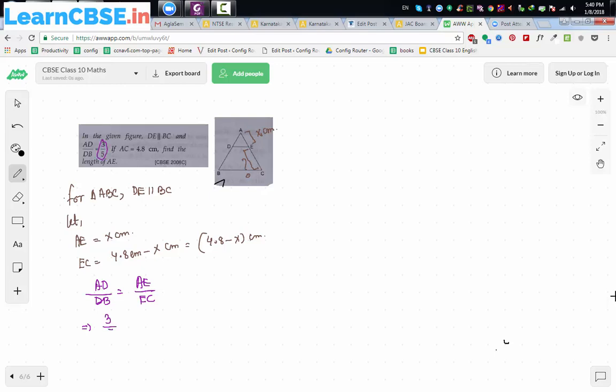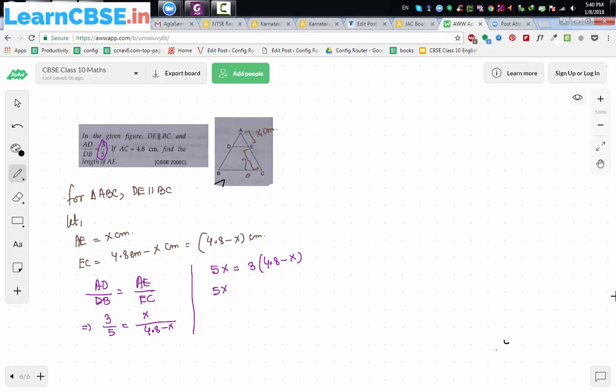So I will write 3 by 5 equals AE is x and EC is 4.8 minus x. Now I have to solve it. Let's cross multiply. So 5x equals 3 into (4.8 minus x).